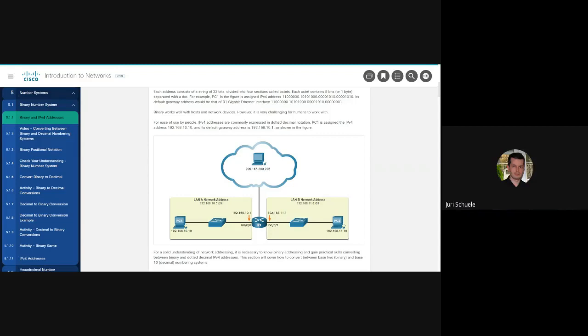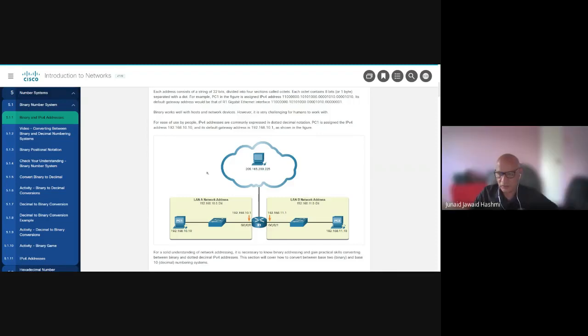It separates the network address from the address of the hosts. So the first 24 bits are reserved for the network, and the rest belong to the host. Excellent, exactly. So the first 24 belong to the network, the 3 octets, and the last 8 bits belong to the host. So that's what 24 means.